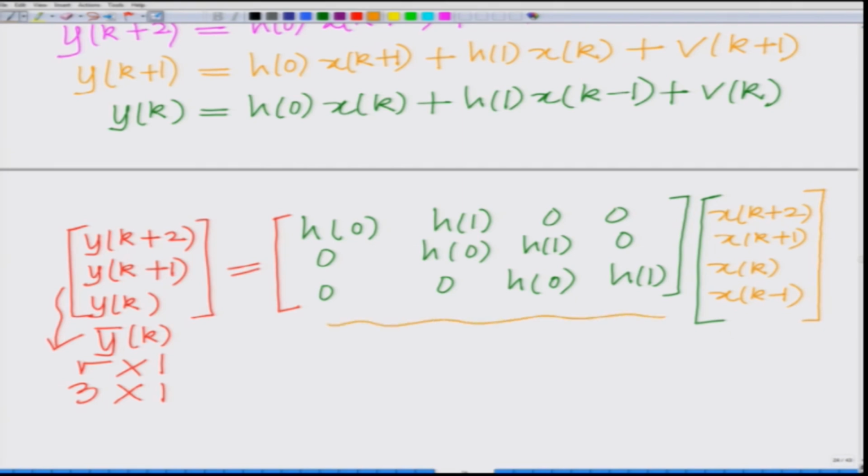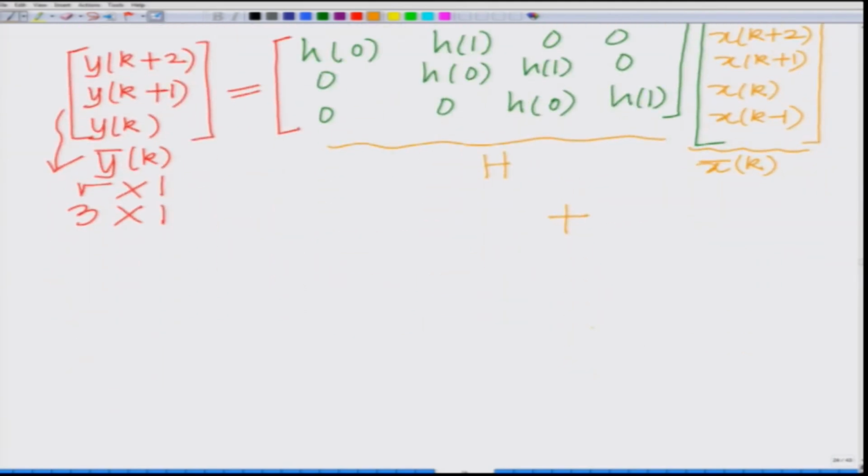Let us call this your matrix H, let us call this your vector x bar k plus your noise vector. The noise vector is basically vk plus 2, vk plus 1, vk.